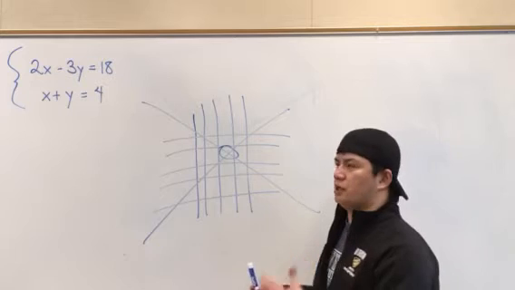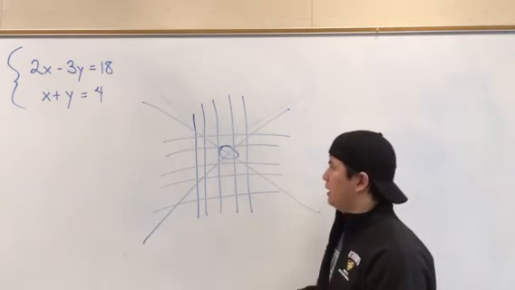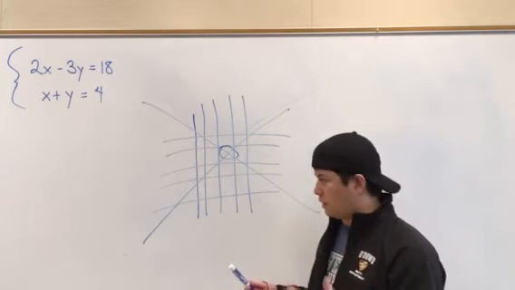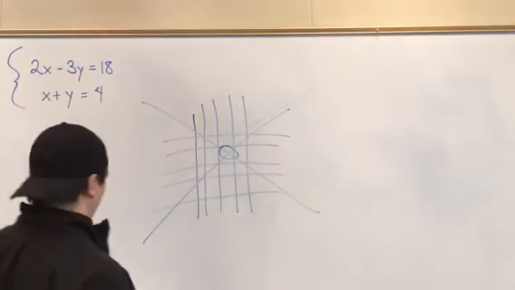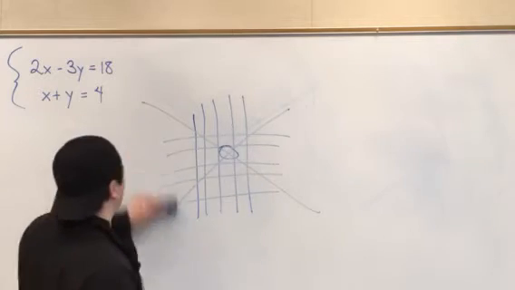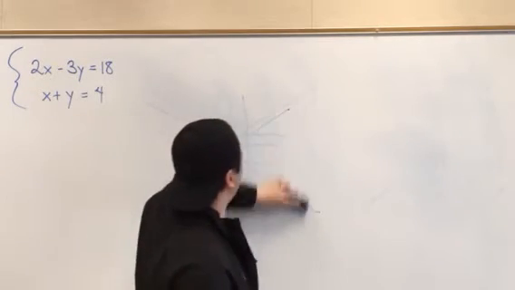Ours happen to intersect at a point, but not all systems of linear equations will do that. So we need to find a different method that will make us a little bit more confident about our answers.